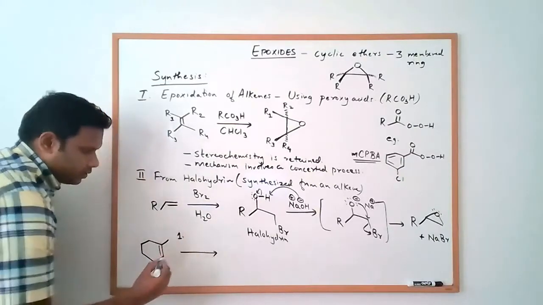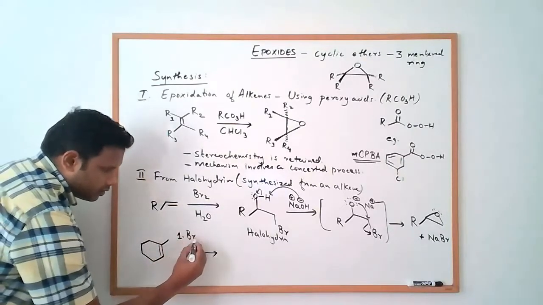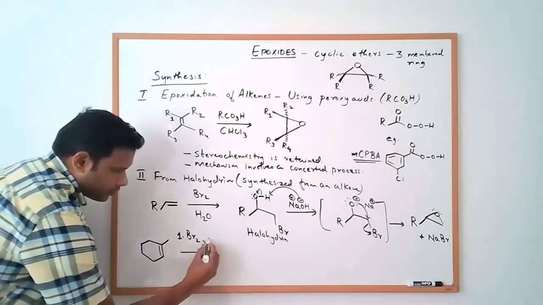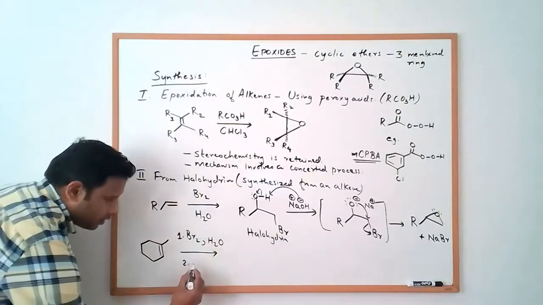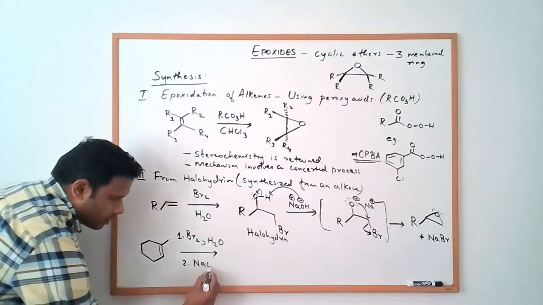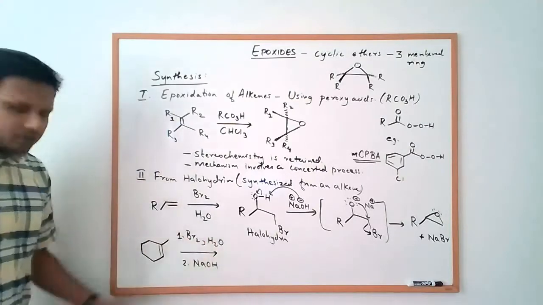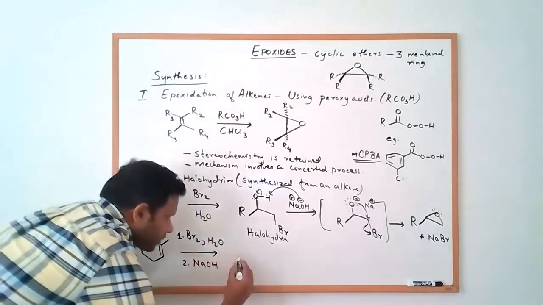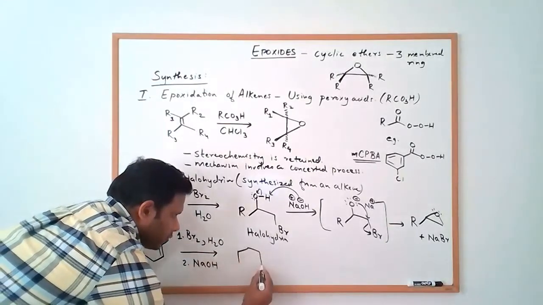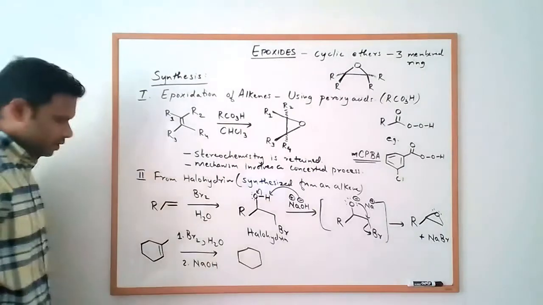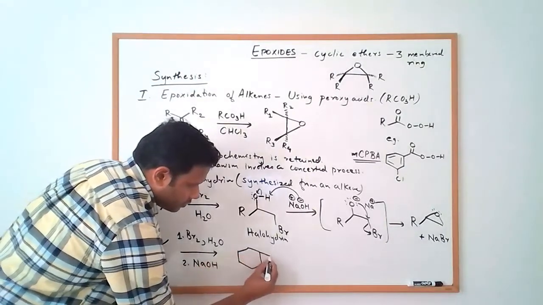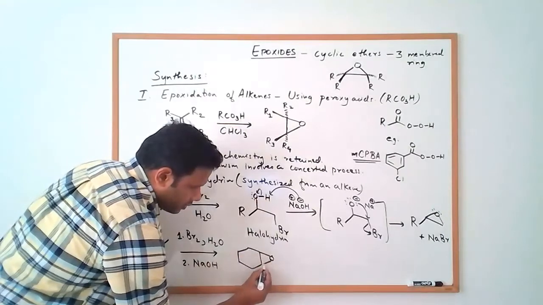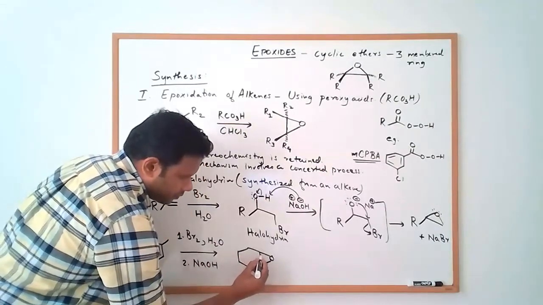If we first react this alkene with Br2 and water, and then react the halohydrin that's formed with a base, it would furnish the epoxide intermediate here. So we will get the epoxide here.